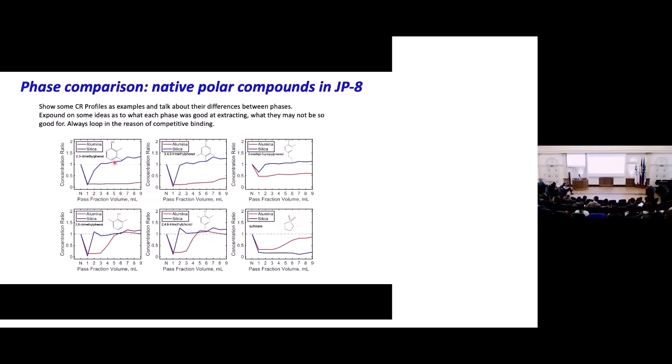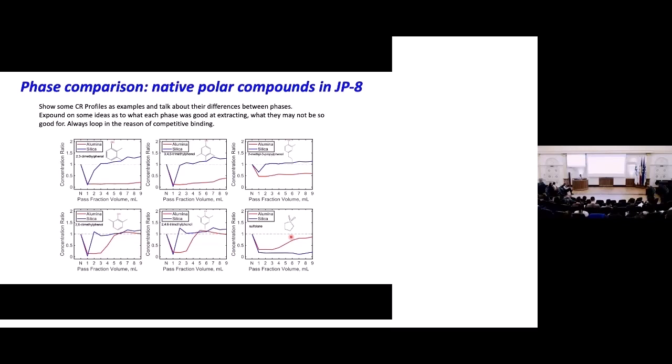Looking back at that 2,3-dimethylphenol, yes, it extracts. We see that play out with the trimethylphenols as well. Comes out low and elutes high, and that played out well for some of our other compounds, such as sulfolane, which is the only one that really extracted well in both alumina and silica.